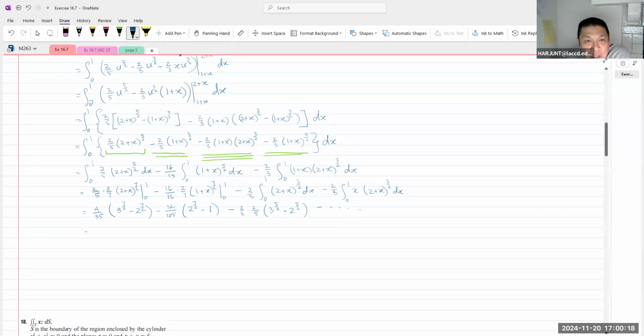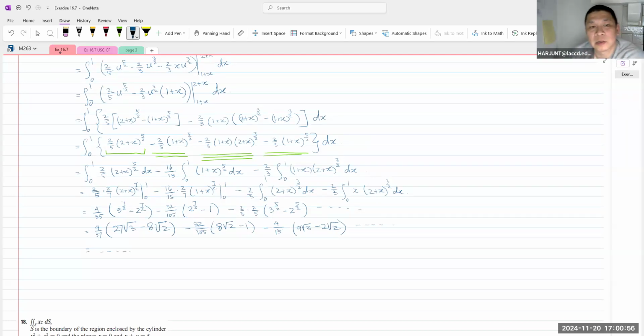So this is 4 over 35, 3 cubed, so that's 27 square root of 3 minus 8 square root of 2, minus 32 over 105, 8 square root of 2 minus 1, and then this guy here 4 over 15, 9 square root of 3 minus 2 square root of 2, blah blah blah, and then combine like terms here.